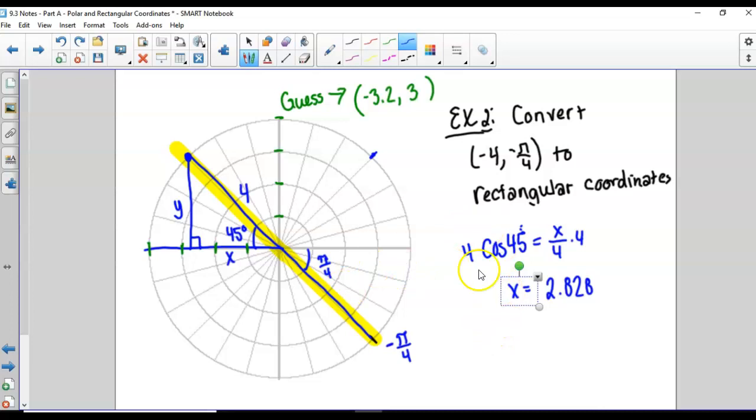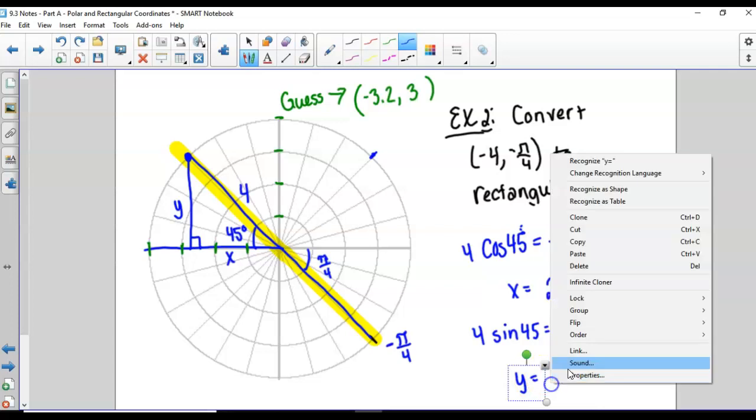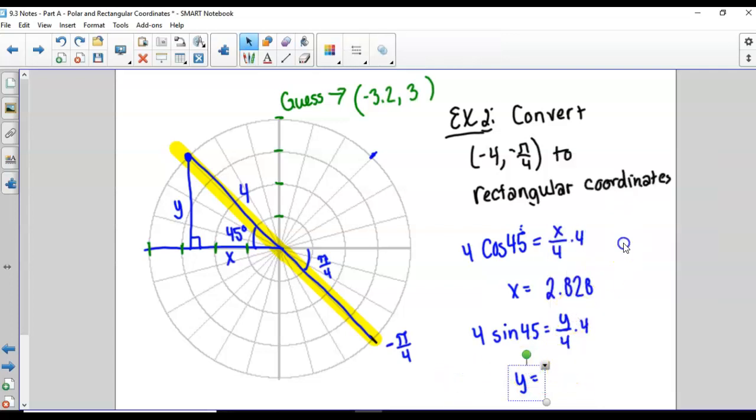And for the y, we'll say sine of 45. Or if you remember 45, 45, 90 rules, what do we know about x and y? They're the same. So we could set it up either way. So we'll get y is also 2.828.